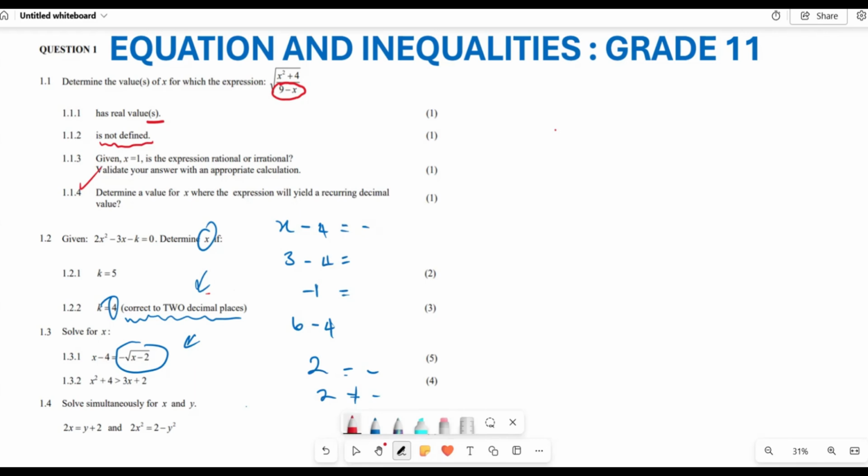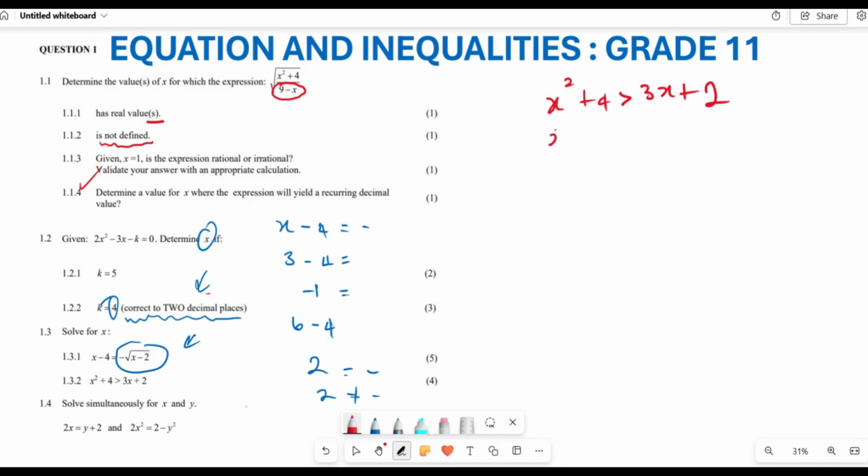Now we are saying this is going to be same as x squared plus 4, which is greater than, this is going to be same as 3x plus 2. Now, what is it then that you're going to do from here? You're going to start by doing what? Collecting like terms, right?